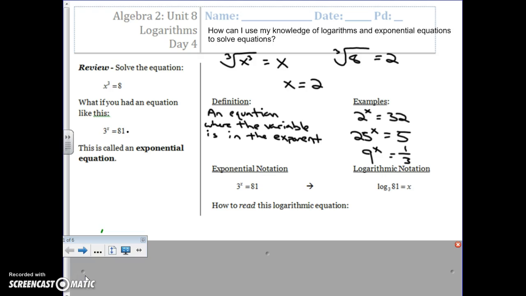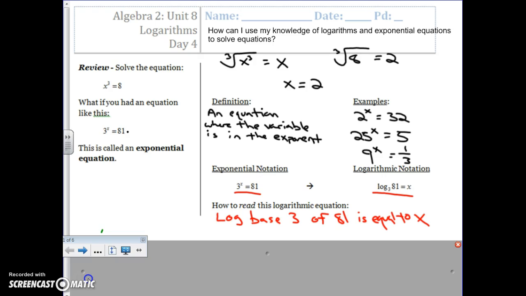So say you had a problem like 3 raised to the x equals 81. We would put it into logarithmic notation and write log base 3 of 81 is equal to x. So here is the problem in exponential notation, and here it is converted to logarithmic notation. In logarithmic notation, again, it's read as log base 3 of 81 is equal to x.